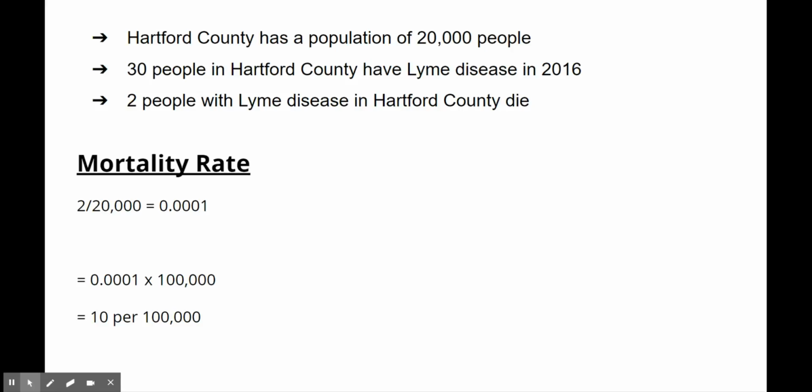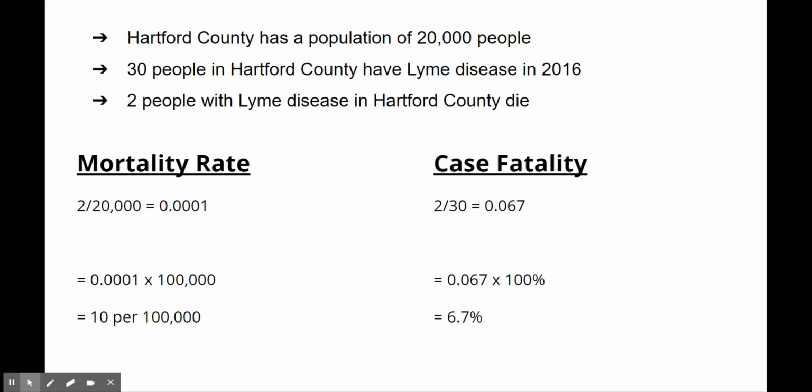So the mortality rate is calculated as 2 divided by the size of the population, and we multiply it by 100,000 to give us a mortality rate of 10 per 100,000. The case fatality rate is, again, the number of people who die divided by the number of people who were diagnosed with the disease. In this case, 6.7%. Okay. So two different statistics telling us different aspects of the severity of the disease.